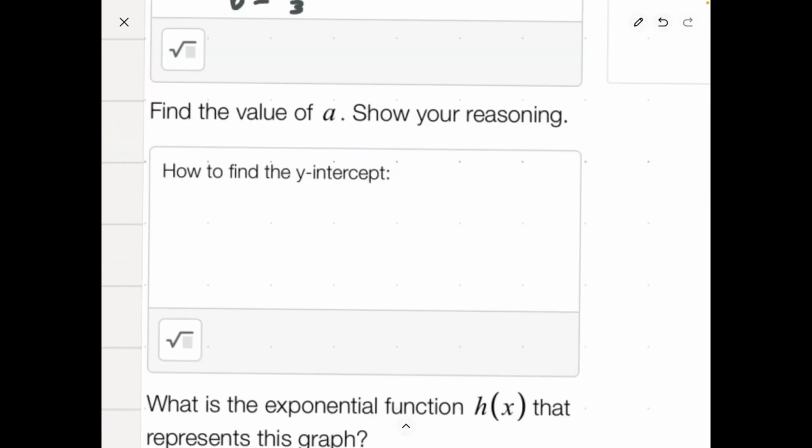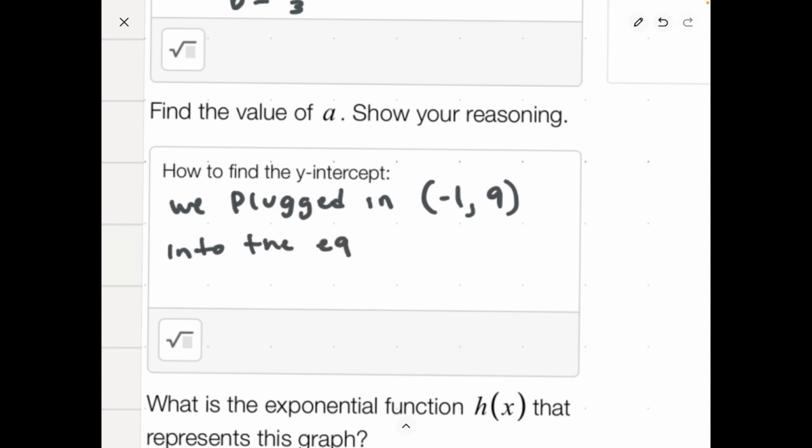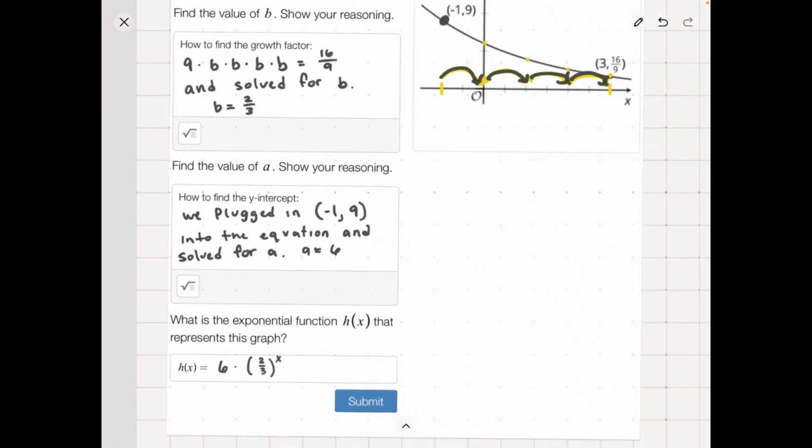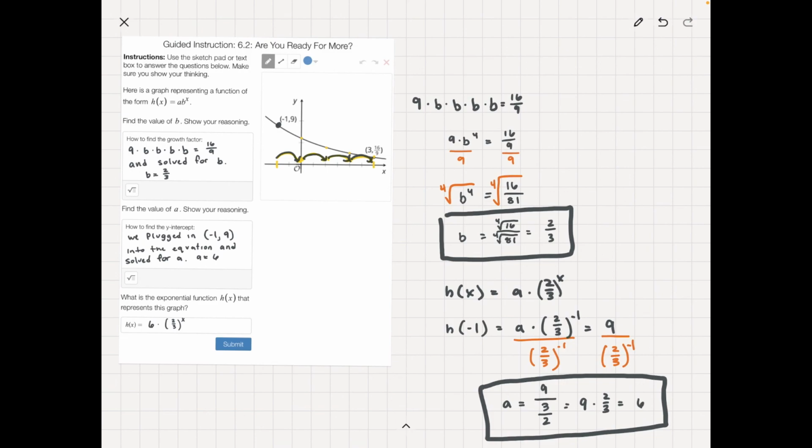To find the y-intercept, we plugged -1, 9 into the equation and solved for a. And we got a equals 6. So our final equation, h of x is equal to 6 times 2/3 to the x power.